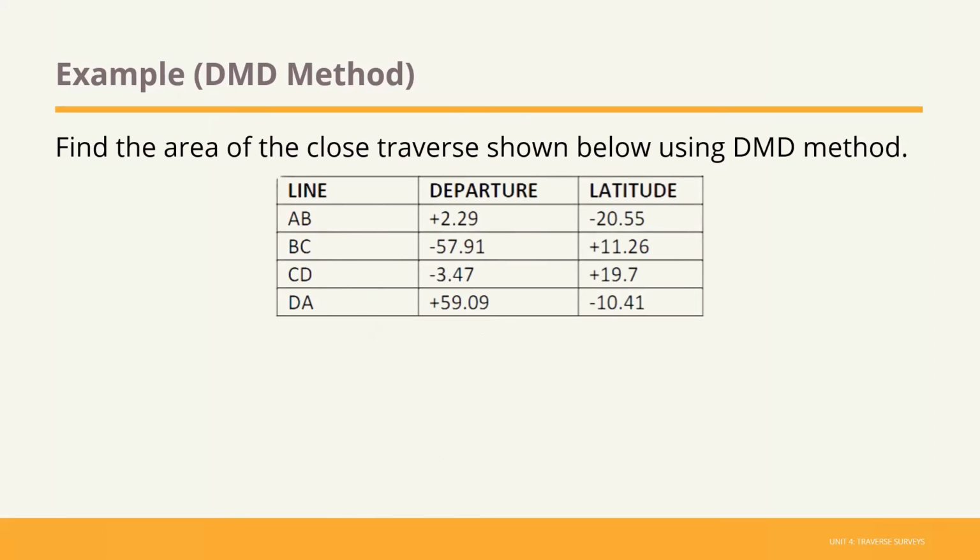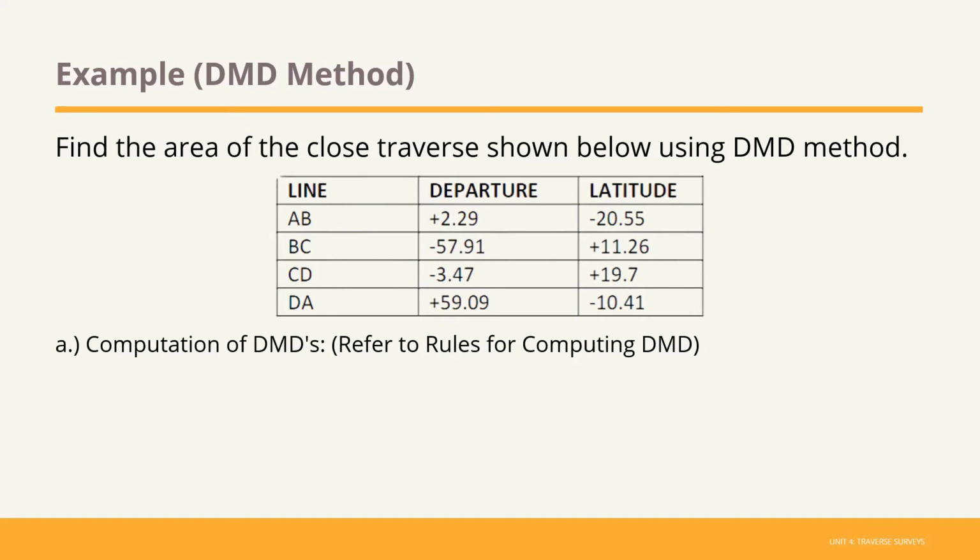Line BC has a departure of negative 57.91 and a latitude of positive 11.26. Line CD has a departure of negative 3.47 and a latitude of positive 19.7. Line DA has a departure of positive 15.09 and a latitude of negative 10.41.